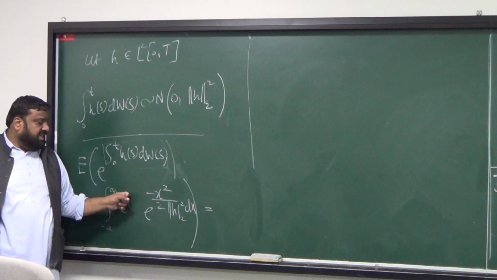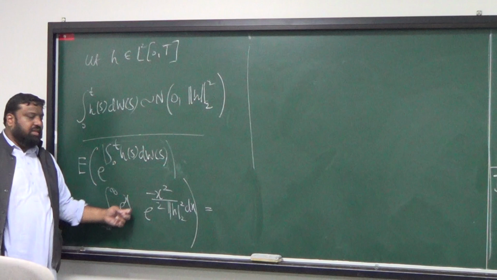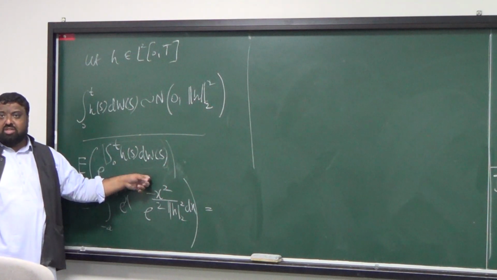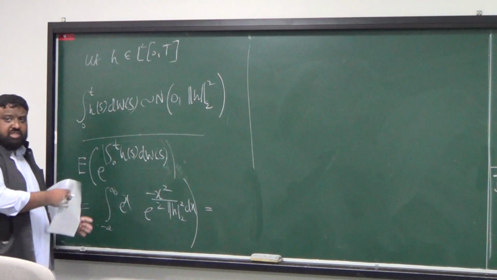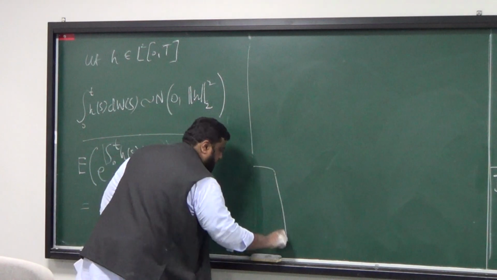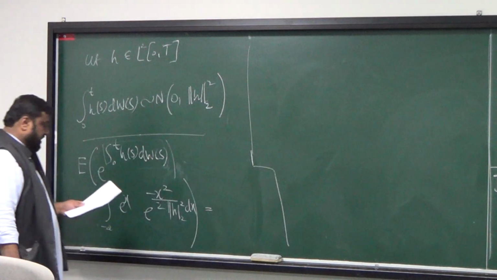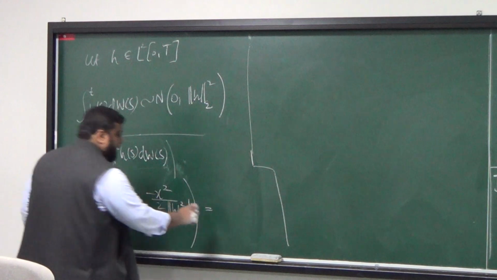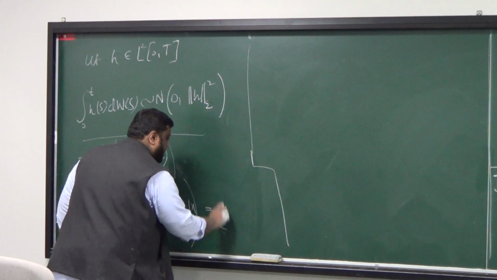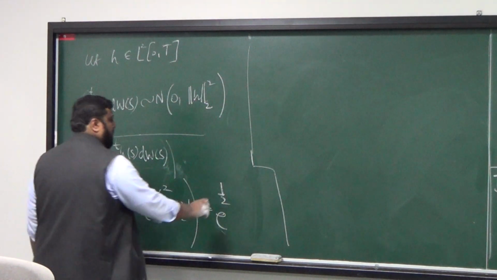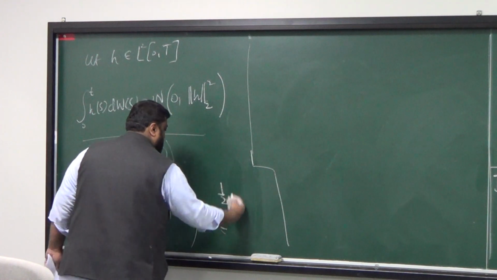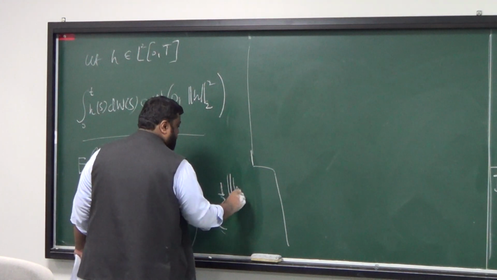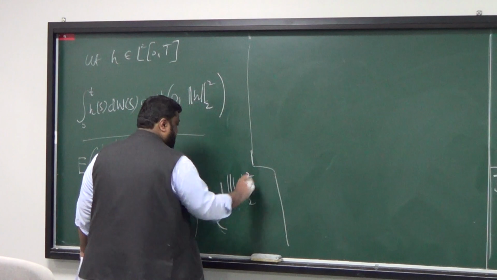So this would be a quadratic expression in the power of the exponential. Then you know how to deal with it actually. Okay, so this integral, once solved, is going to give you this. So it's going to be e to the 1/2 of the integral from 0 to t, or maybe the H norm of this is fine actually.